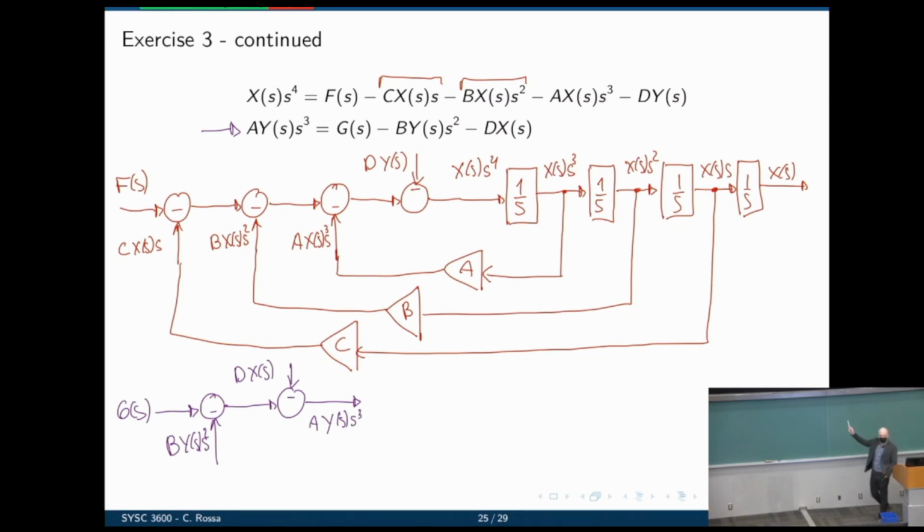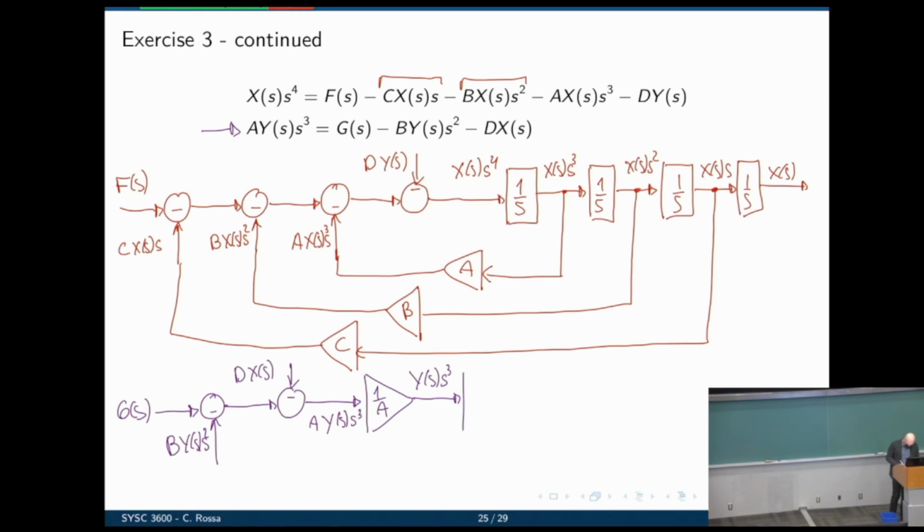Now the first one, we had x of s times 1 times s to the power of 4. Now this one is multiplied by a. So to get rid of that a, multiply by 1 over a first. So now you have y of s to the power of 3. The first one, we didn't have that. The coefficient that multiplies the term there was 1.